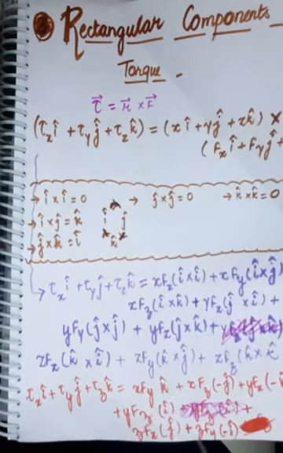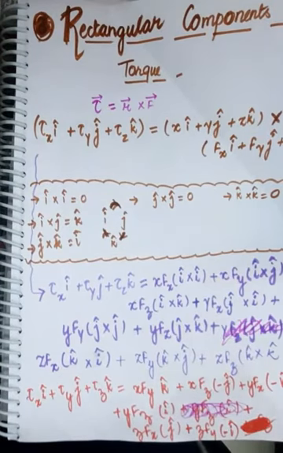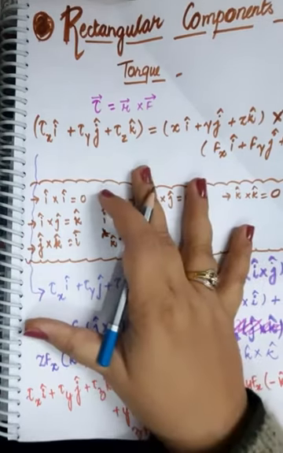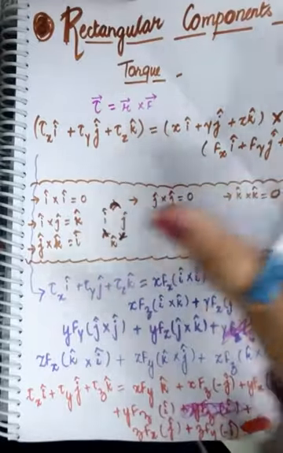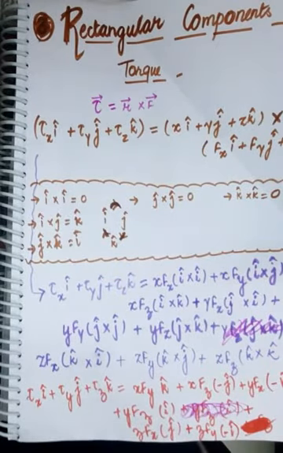Right? This video is in continuation with the previous videos on torque, whose link I have shared in the description. So you better have a well guided understanding of torque, and then only we'll see these rectangular components of torque.